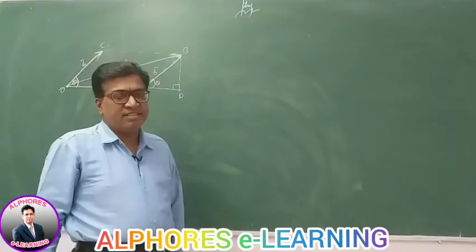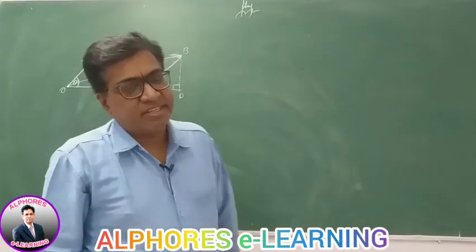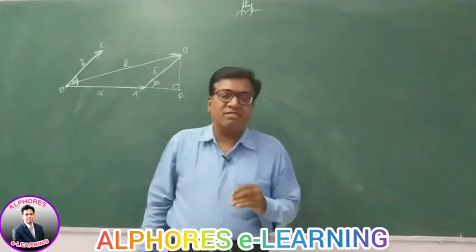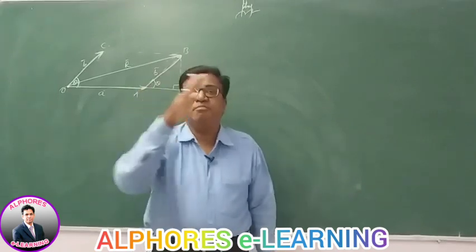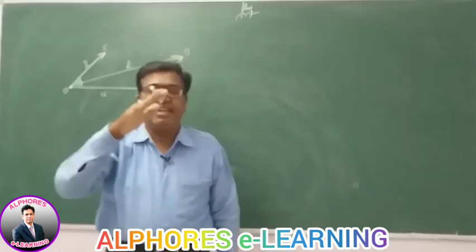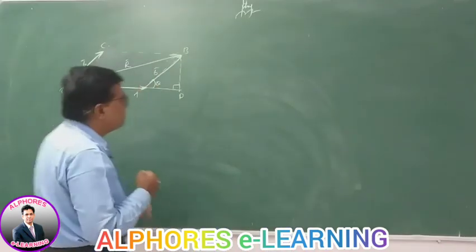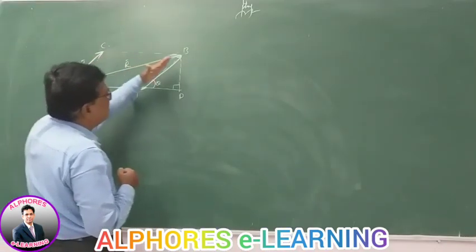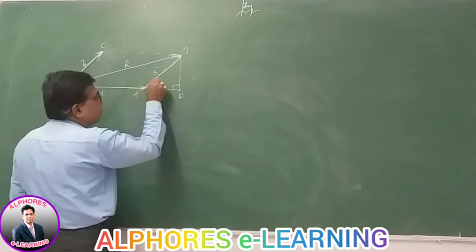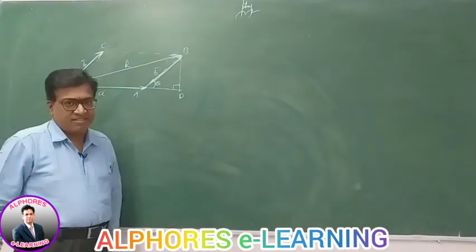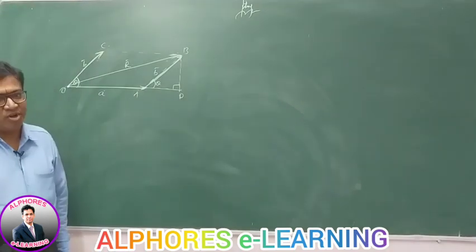For a free, non-localized vector, if a vector is shifted parallel to itself, there is no change. So let me shift this vector B parallel to itself like this. Now apply resolution of vectors: resolve vector B into components.